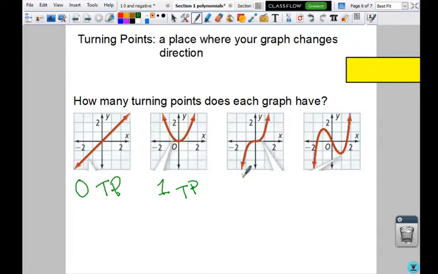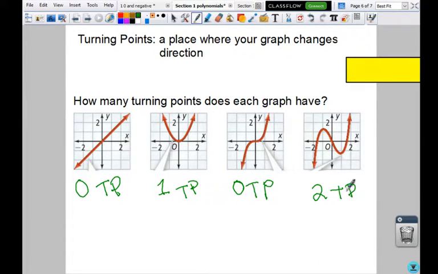Let's look at this third one. I'm going up, but do I ever start going back down? No, it levels off. I don't go up very quick, but I still keep going up. So this one also has 0 turning points. It levels off, but it doesn't stop going up. Alright, this one, we're going up, and then I got 1, 2. This one has 2 turning points.